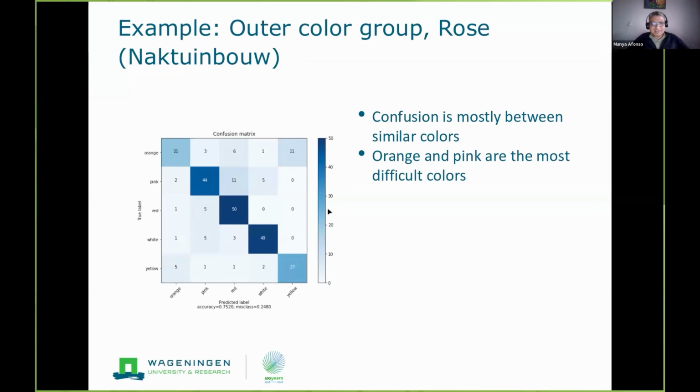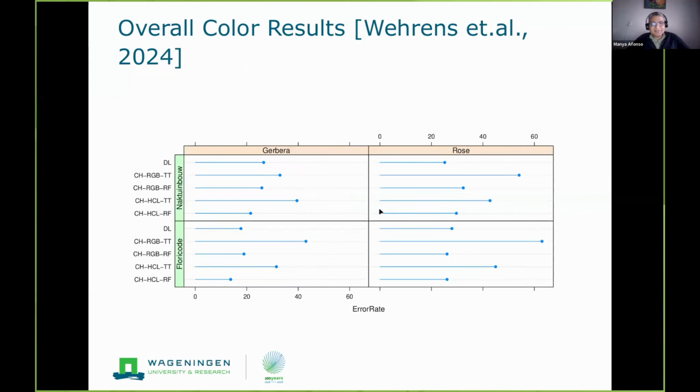And in both these cases, what we can see is that most of the errors occur in cases like between orange and yellow, or pink and red colors, where there's always some kind of overlap, or not everybody may be able to tell the difference apart.